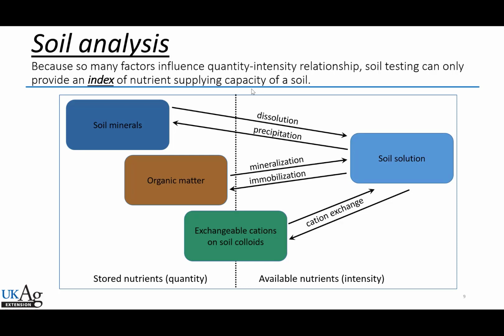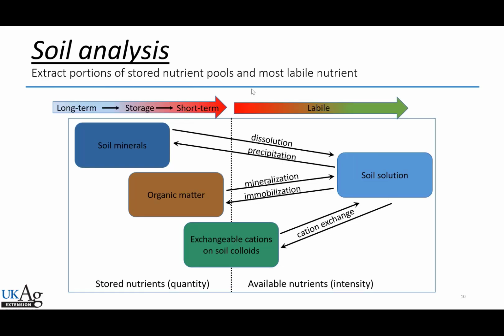It's not an absolute number, it's just kind of an index of relative availability. And so we need to do some other work for that soil analysis to be meaningful. But we're extracting portions of the stored nutrient pools and the most labile nutrients in this kind of storage from long to short term, and trying to index what we're going to get this year.